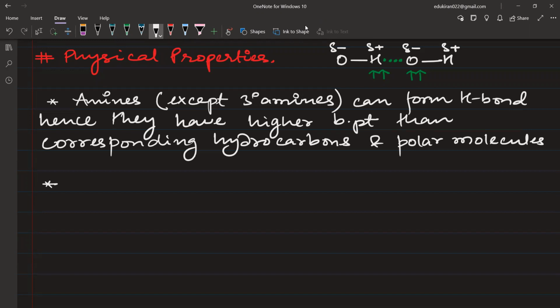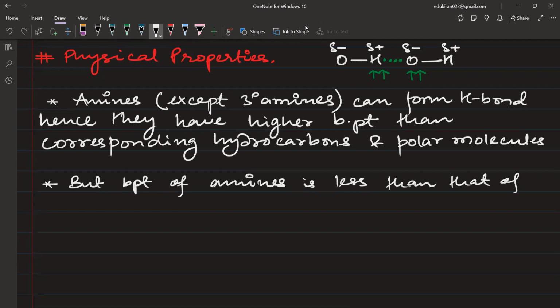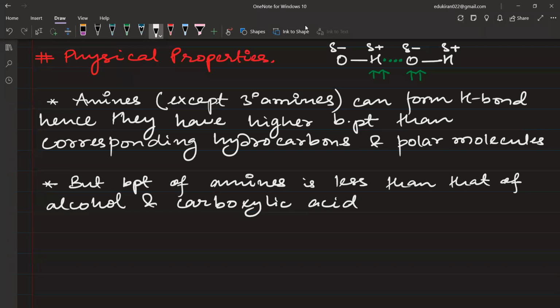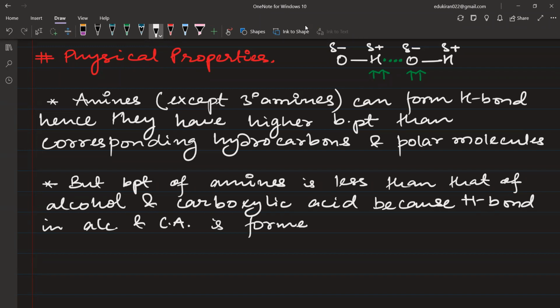So please write, but boiling point of amine is less than that of alcohol and carboxylic acid, because hydrogen bond in alcohol and carboxylic acid is formed by the more electronegative oxygen atom.